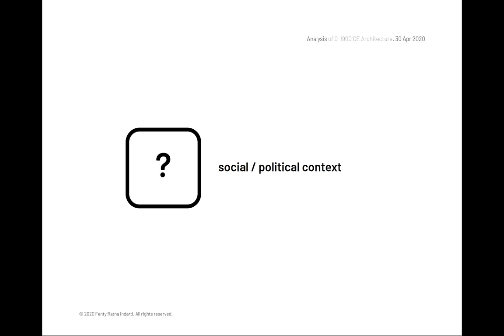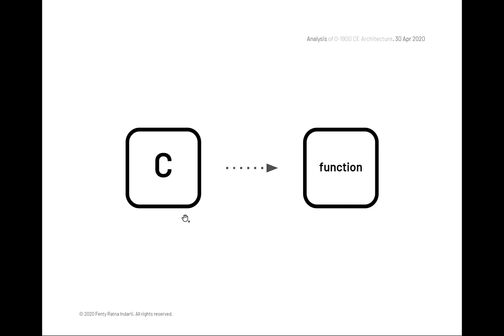Those kinds of social or political context determine the function of the building. That's why I ask you to understand the social or political context or forces, so that you understand why the building exists and why the function of the building is that.